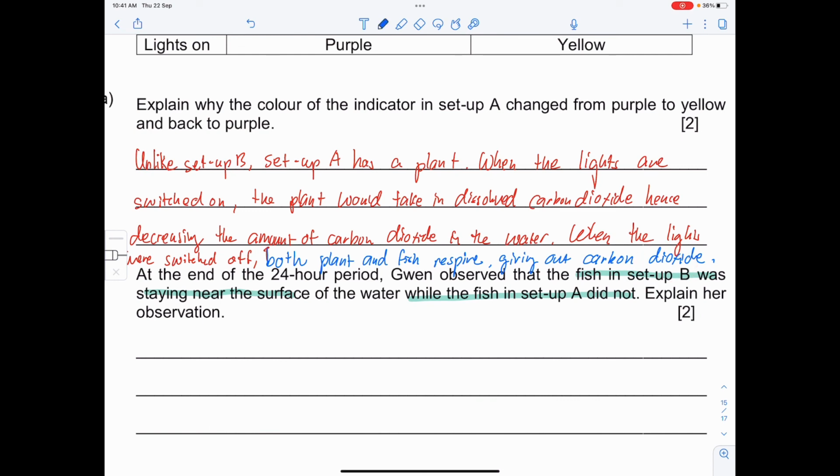Okay? So I would say that in setup B, there is no plant to carry out photosynthesis.